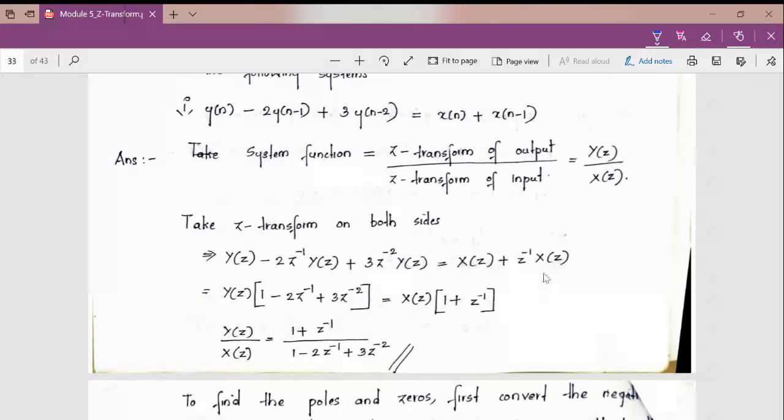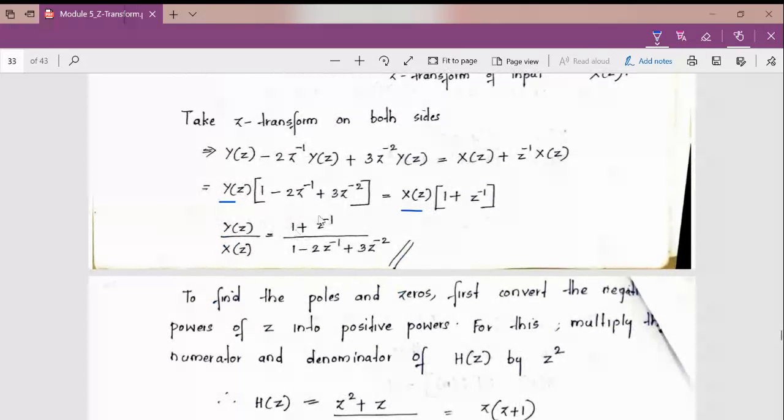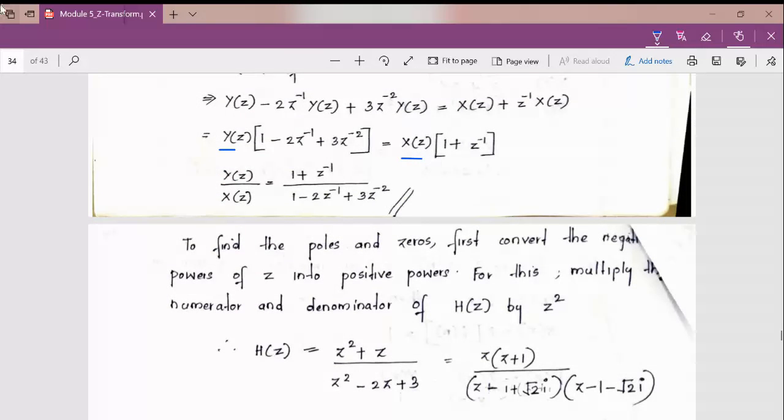plus z raised to minus 1 X of z. We are taking the term Y of z outside on the left side, and on the right we are taking X of z. Then on rearranging we will get Y of z by X of z as 1 plus z raised to minus 1 divided by 1 minus 2 z raised to minus 1 plus 3 z raised to minus 2.